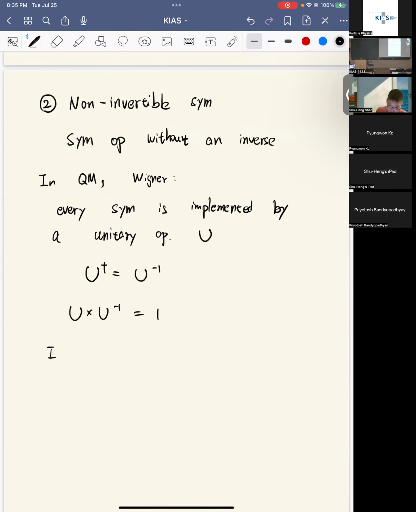But in quantum field theory, it turns out that this is a little bit too restricted. There are interesting examples, as we will discuss later on, where a symmetry has no inverse.